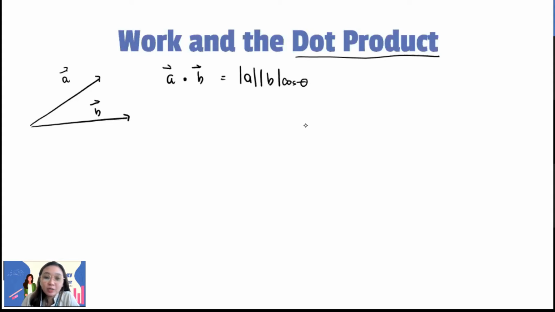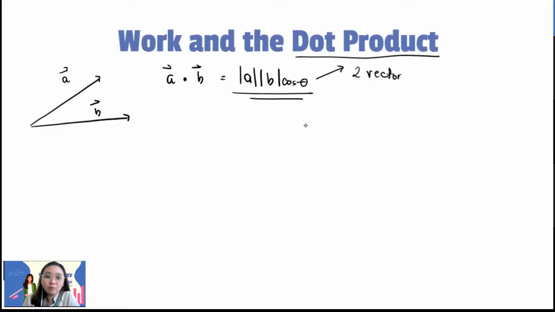Okay? So, ito yung equation kapag kinukuha natin yung dot product ng two vectors. Okay? Based from its definition, product, it means we are multiplying two vectors.